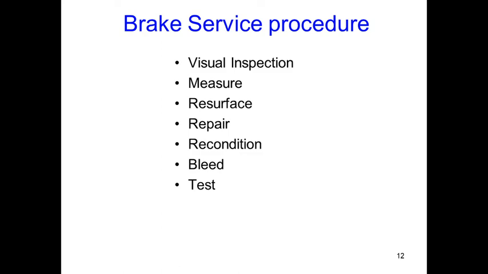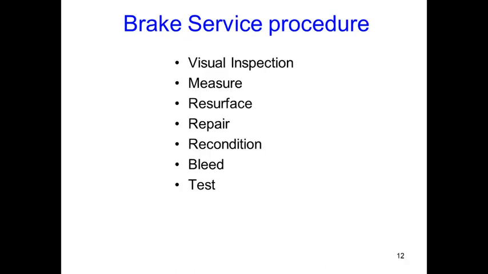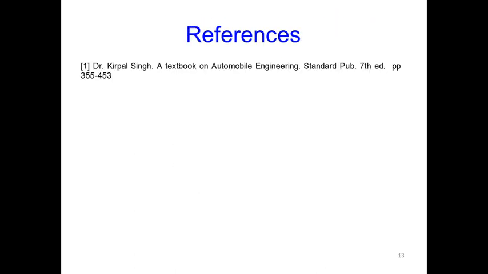Brake bleeding is also adopted in case air is entrapped inside the braking system, then we can bleed the brake so that the air can be extracted out of the linings. This restores the incompressibility of the brake fluid, and we can test the brakes using various procedures. So this was regarding the components of the braking system, in which we mainly focused on the master cylinder and tandem master cylinder.